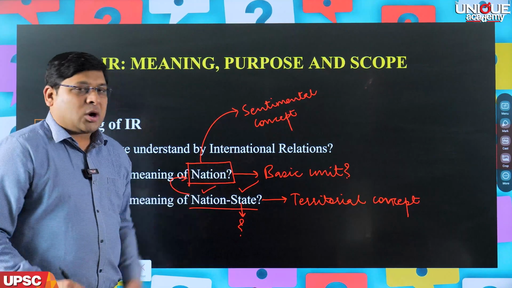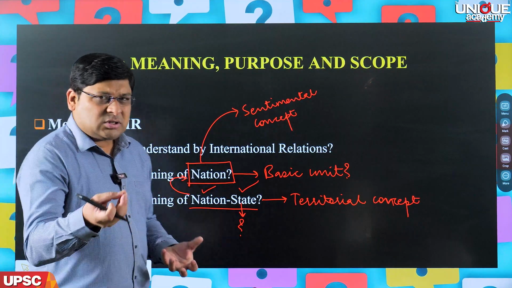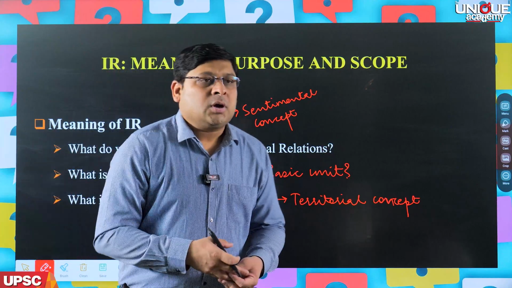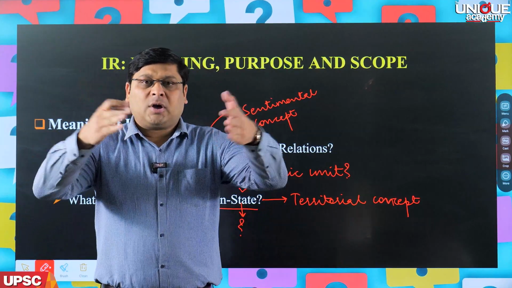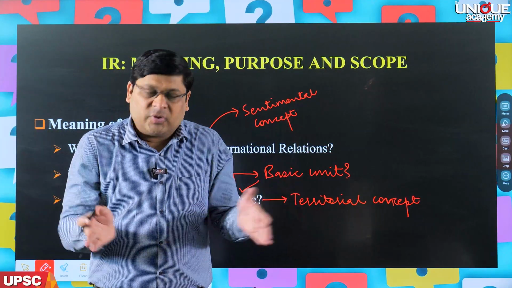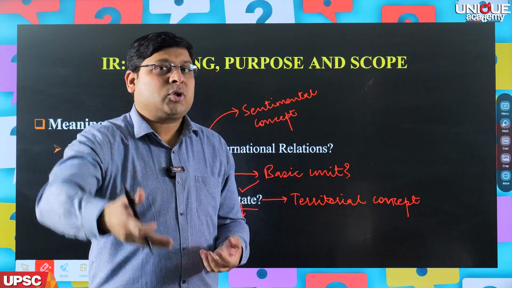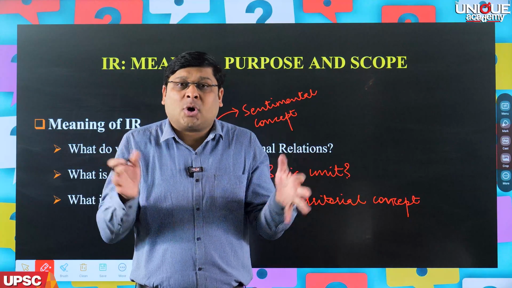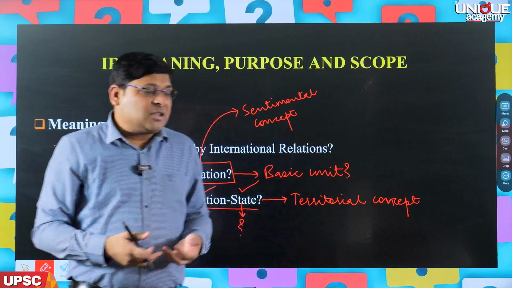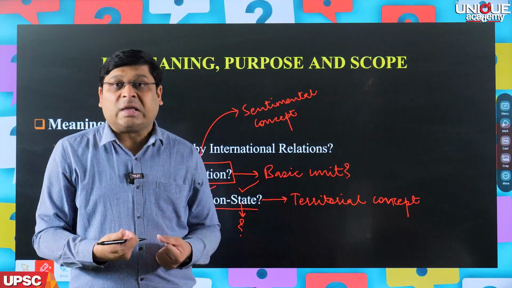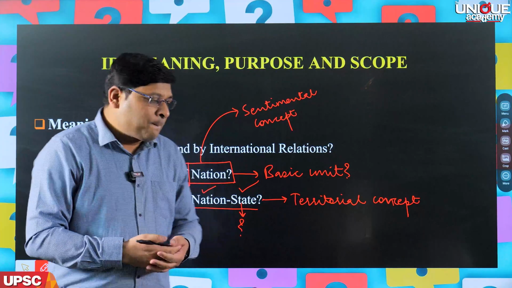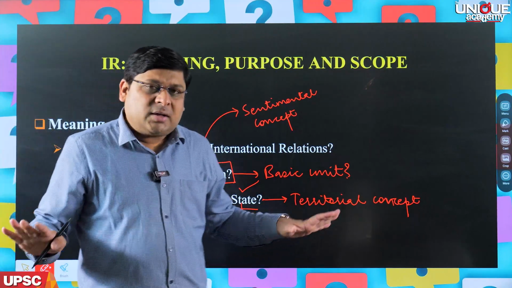State is territorial concept in the sense, what is state? In simple manner, definition: a group of people living on a defined territory with a sovereign government. That means there's a defined territory, people live on the territory and they have got a sovereign government, right? That brings us to another concept, that is sovereignty. What is sovereign? Again, simple understanding.